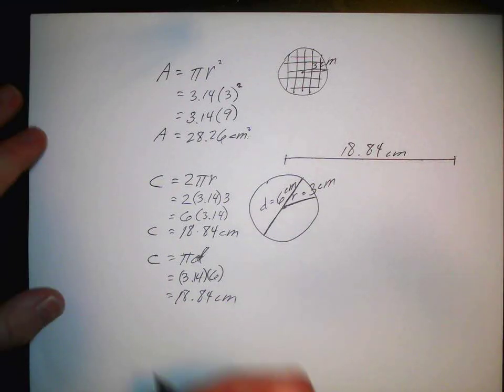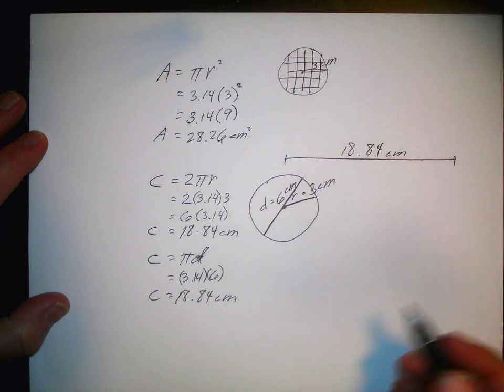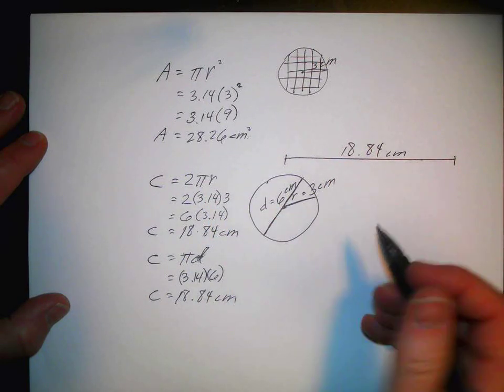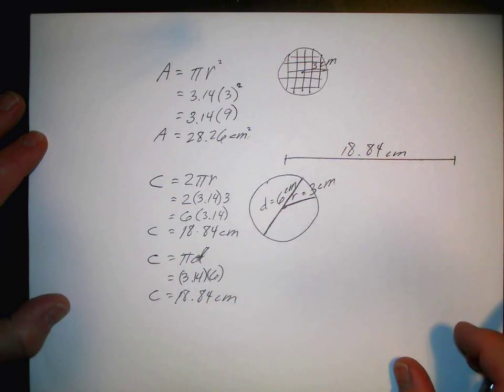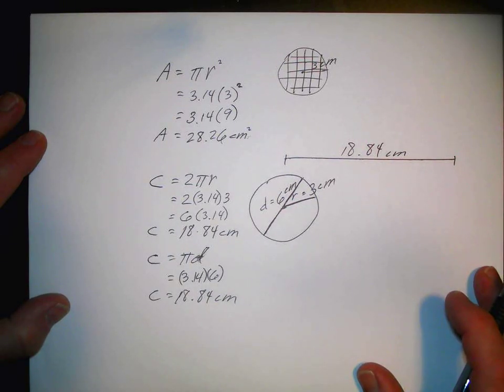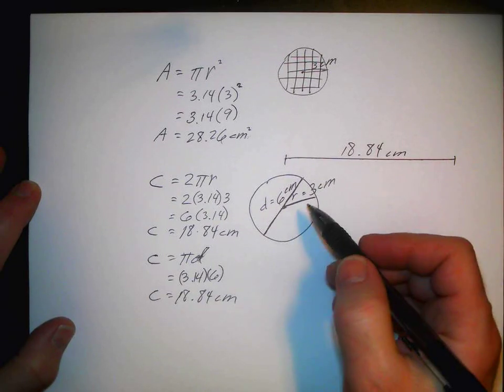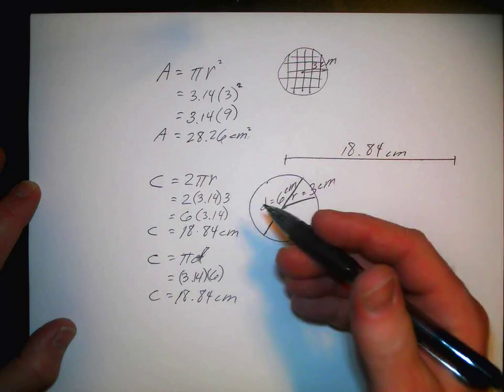Okay, so it's also the same number. It worked out the same whether we use the radius or the diameter. Just depends on what you know. If you know the radius, you use the radius. If you know the diameter, you use the diameter to find the circumference.